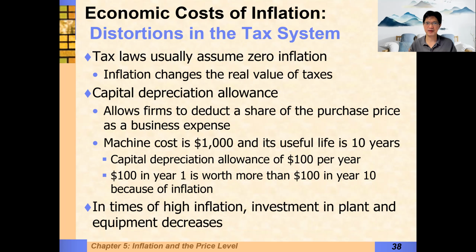But inflation makes it so that it actually has different values. It's the tax laws as well, which is based on inflation, assumes that money, no matter when it comes in, has the same value, and inflation is going to distort the way the tax system works.